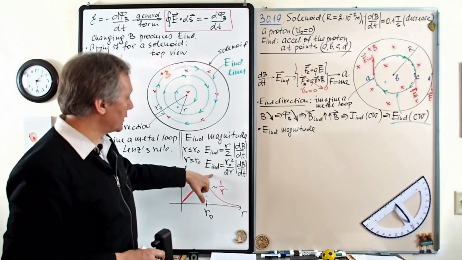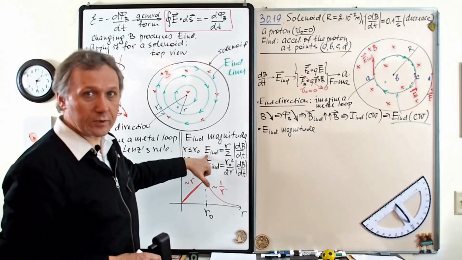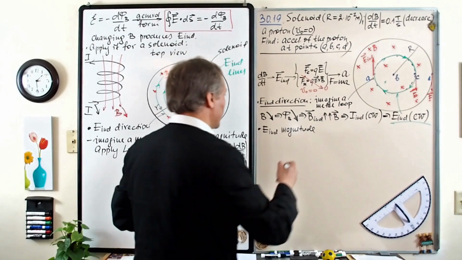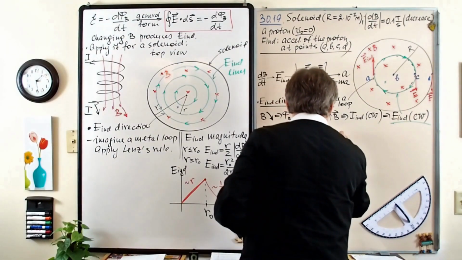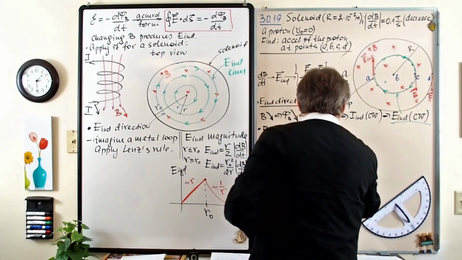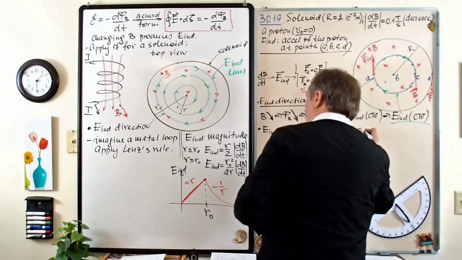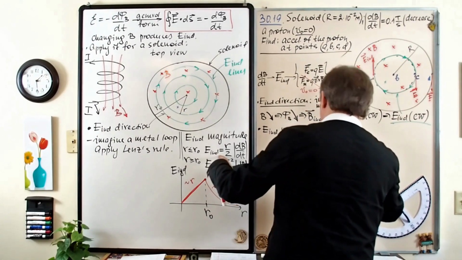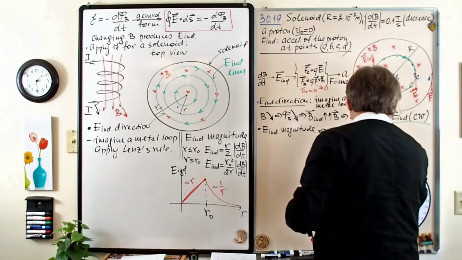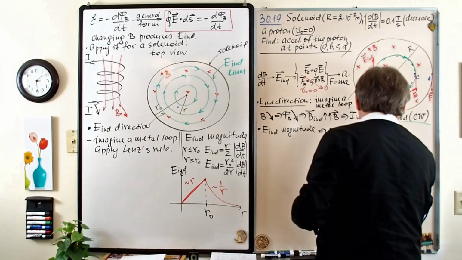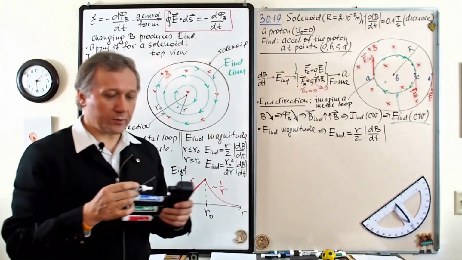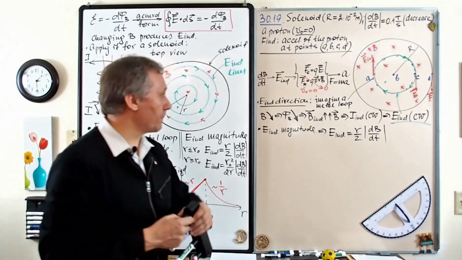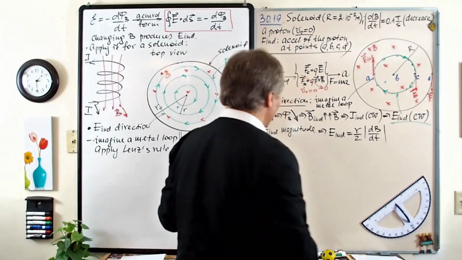This is the expression for the induced electric field inside of the solenoid, right? So I can write, E induced equals R over 2 times the rate of change of the magnetic field, right? Again, these are just absolute values.